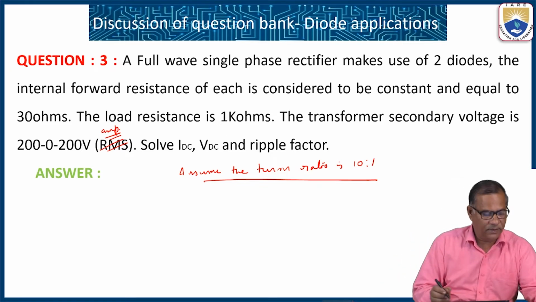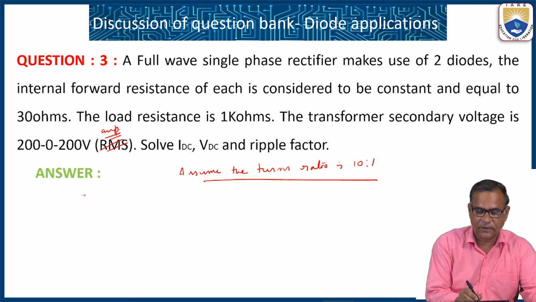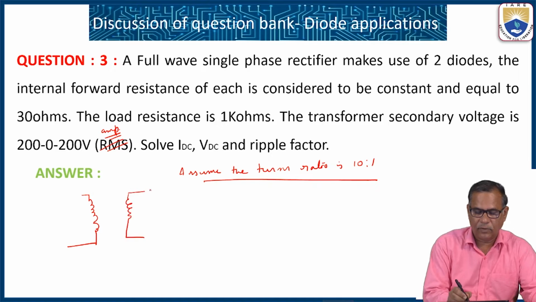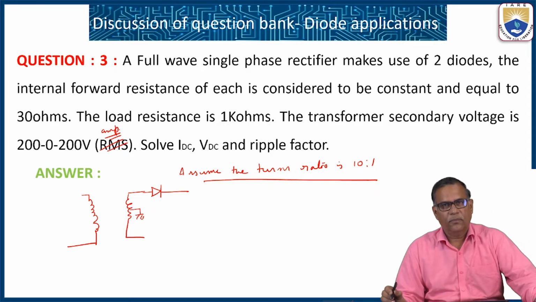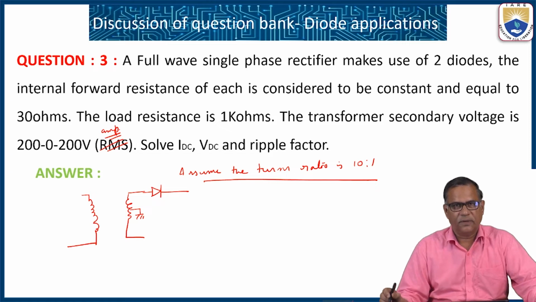What is the circuit diagram for the full wave rectifier? This is the circuit diagram for the full wave rectifier. It uses the center tap transformer and it has two diodes, and the center of the transformer is grounded.